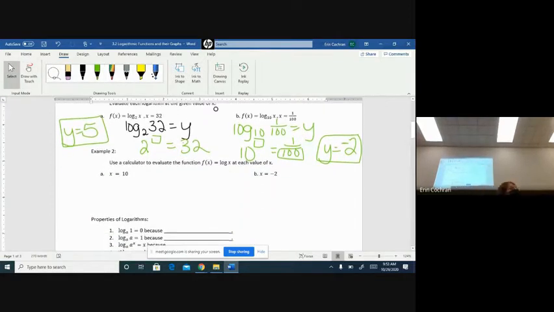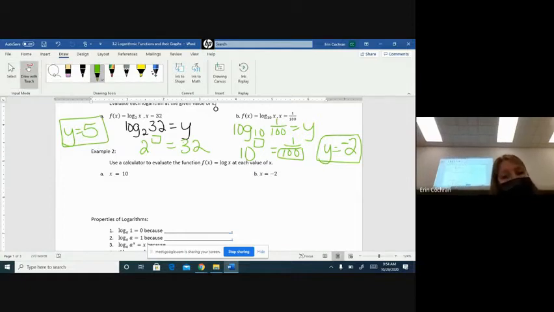All right, use a calculator. So go ahead and pull out a calculator if you have one. Okay. Use a calculator to evaluate the function f of x equals log x at each value of x. So what's my base here? Just 10, right?